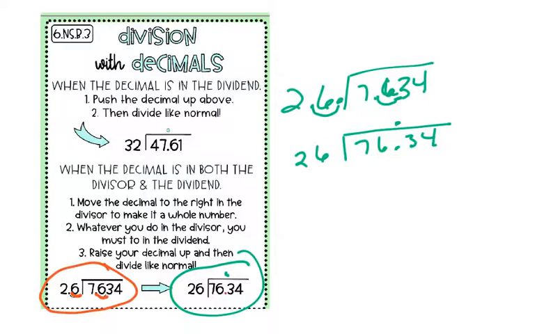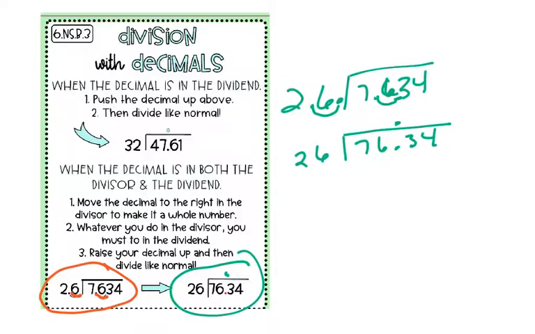So you're going to say 26 is going to go into 76 how many times? Now, I know you want to say 3 because 25 goes into 75 3 times. However, what is 6 times 3? I hope you said 18. So 26 times 3 is going to be 78, not 76.